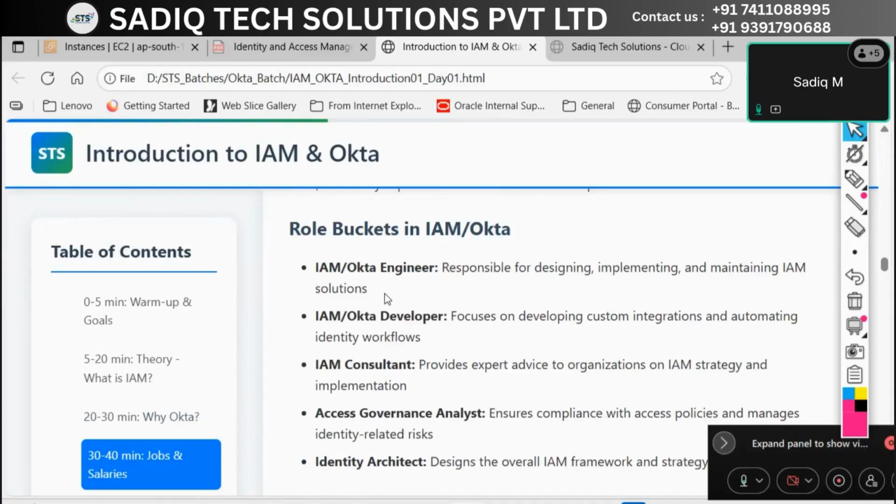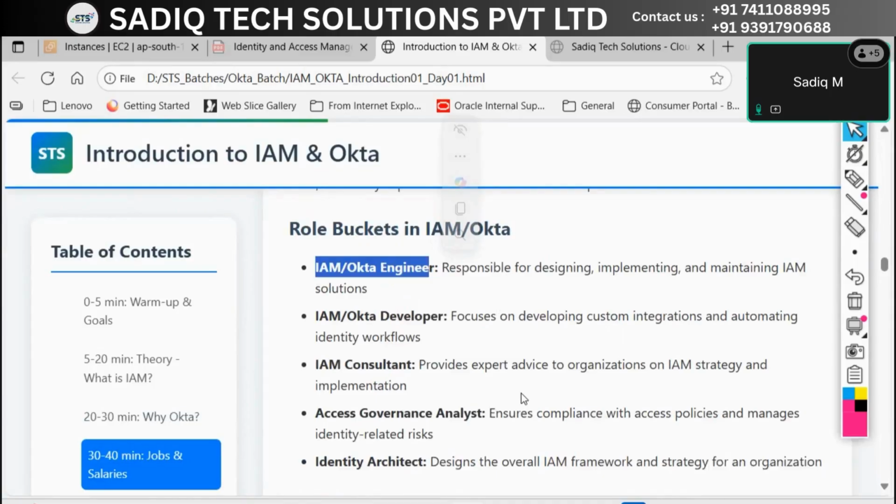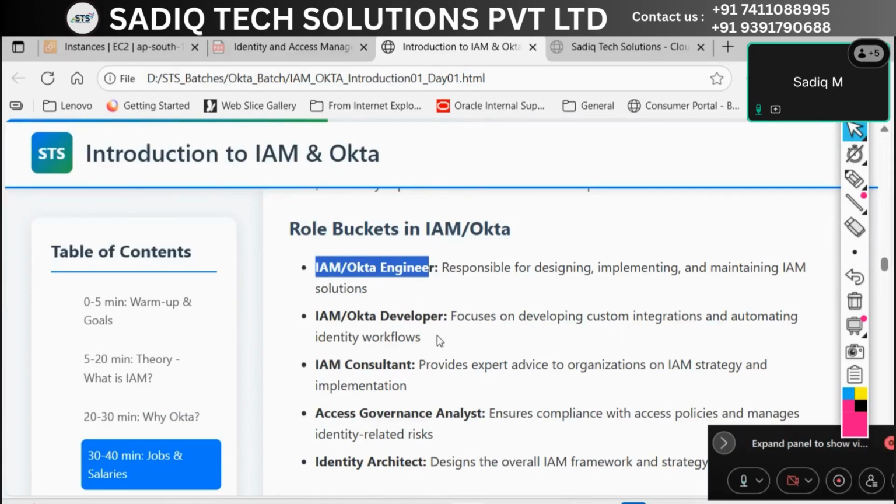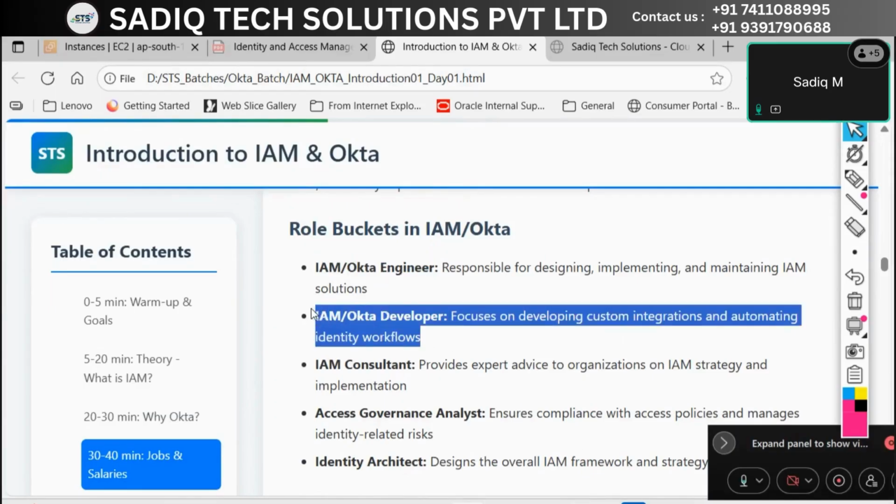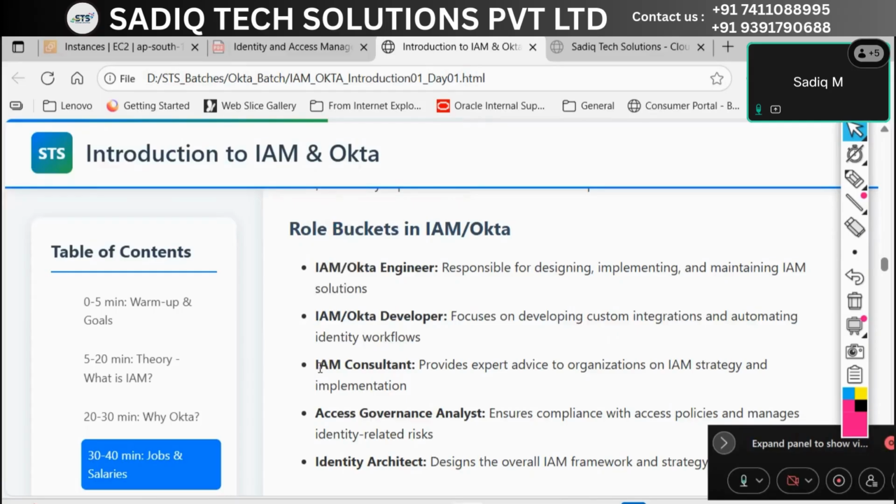That is the responsibility of an IAM engineer. And we have an IAM developer also. His main focus will be developing custom integrations and automating identity workflows. Right? This is another role. And the third role is IAM consultant role.